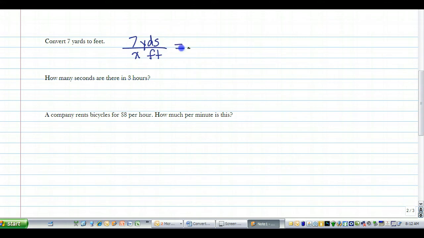Okay, well, let's put our yards on top and our feet on the bottom. So how many yards are in 1 foot? Excuse me, I said that wrong. How many feet are in 1 yard? 1 yard has how many feet? 3. Okay, I've got my yards on top. I have my feet on the bottom.